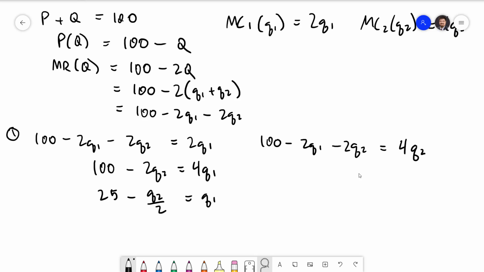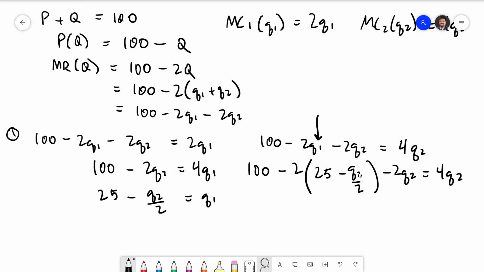Now that I have solved this for Q1, I'm going to plug that into our second equation wherever I see a Q1. So that's going to give me 100 minus 2, but where I had Q1, I'm going to write 25 minus Q2 over 2, and then continue on with the rest of the equation.